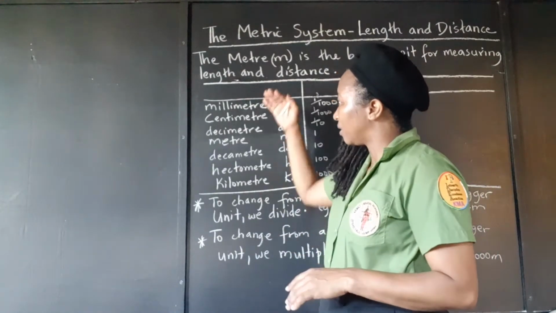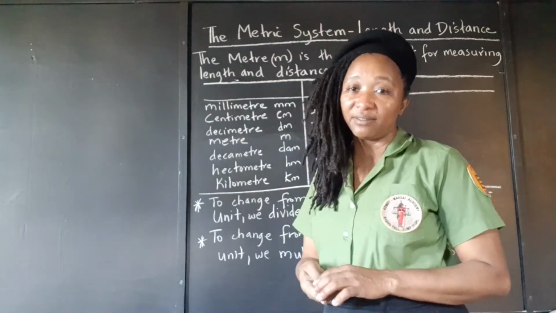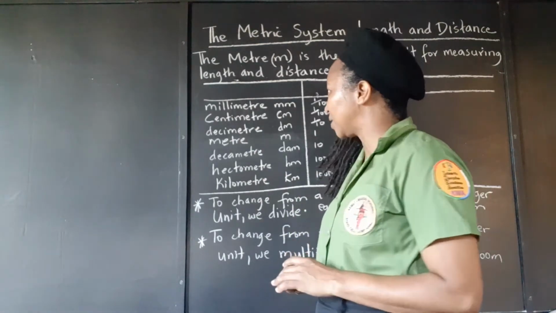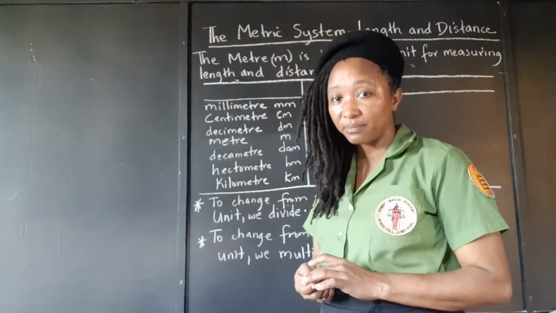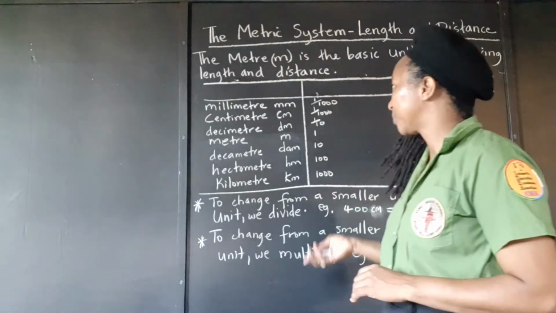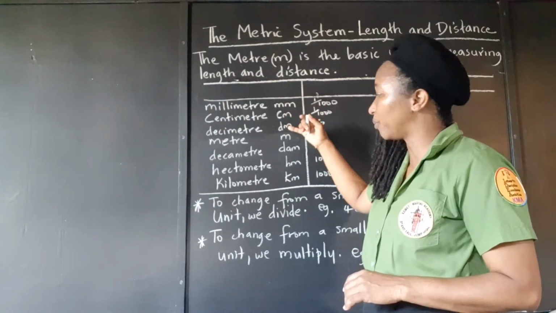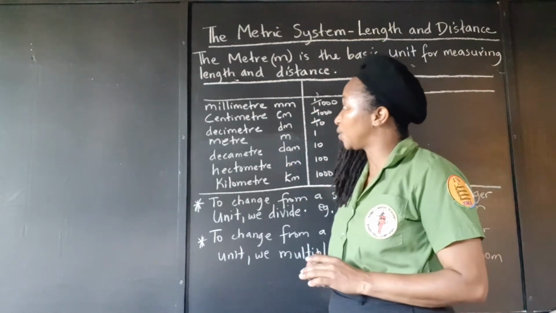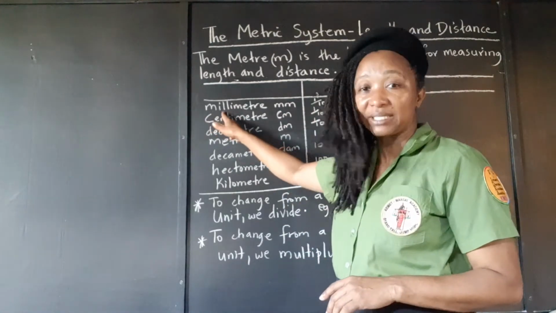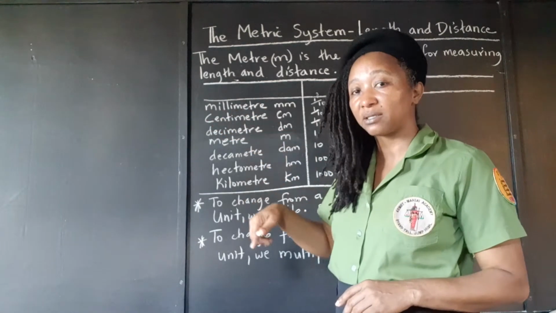Now, this is the chart for the meter, and we start with the smallest unit of the meter, the millimeter, right? So if we count in, remembering that we're counting in units of 10, and we can actually also use the prefixes using meter as the base, right?